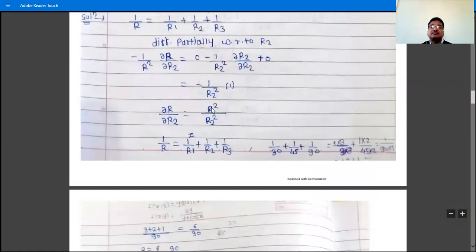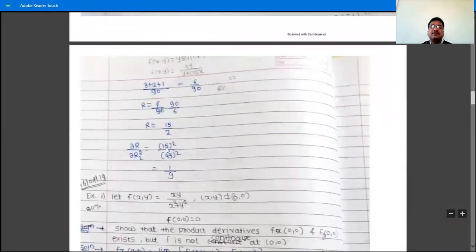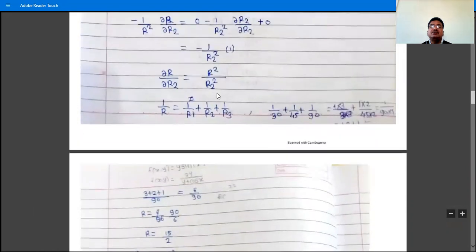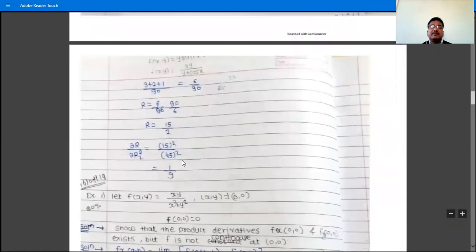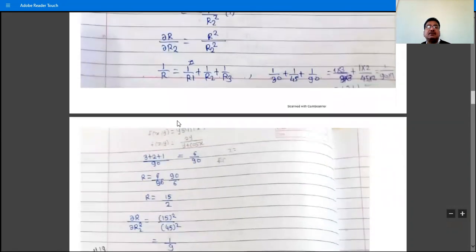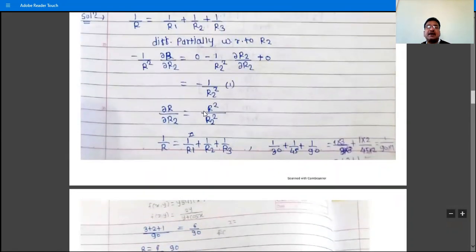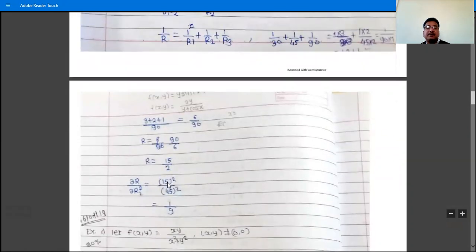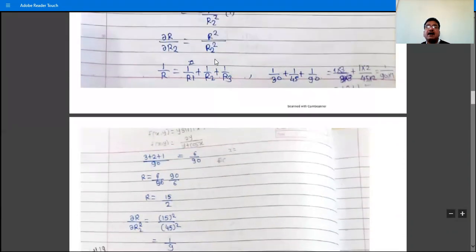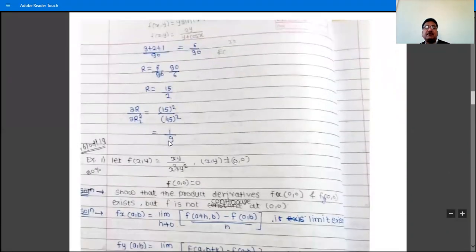And substitute here: R² is (15/2)² and R2² is 45². So (15/2)² divided by 45², the answer is 1/9.